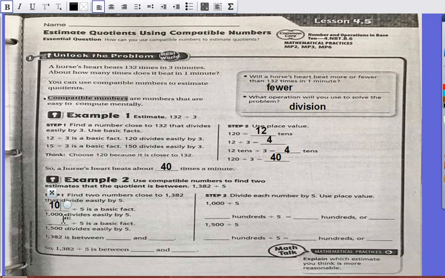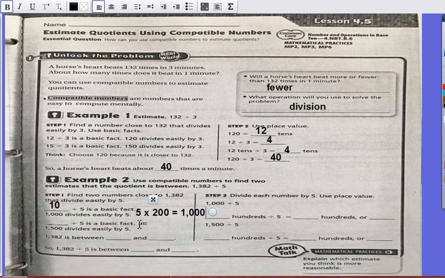Then for the other one, what's 1,000 divided by 5? 200. We just added 2 more zeros. I'll write that down so we can see it: 5 times 200 equals 1,000. In the first one we had, remember, 5 times 2 was 10.